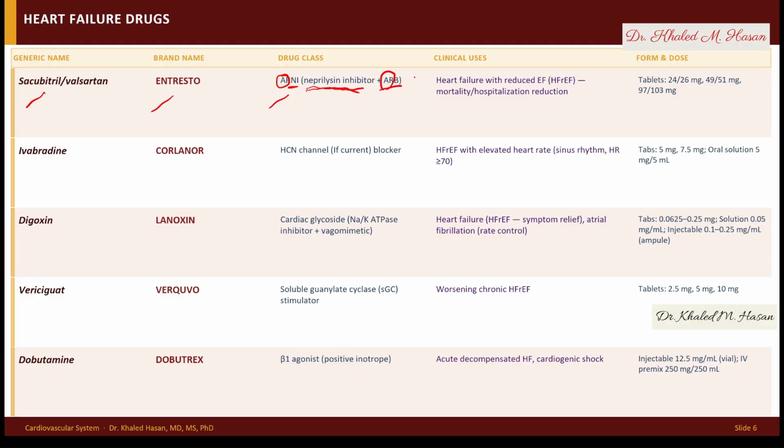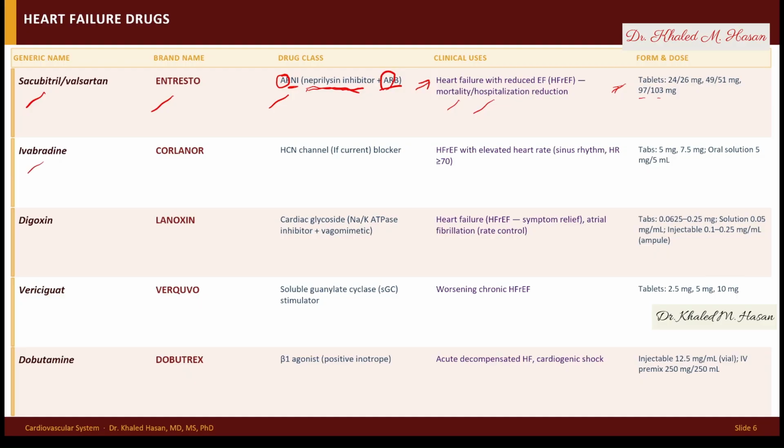Entresto is the first medication for heart failure with reduced ejection fraction, reducing mortality and hospitalization. It is available as a tablet, 24/26 milligram, 49/51 milligram, 97/103 milligram, so different dosages are available depending on the progression of the disease.